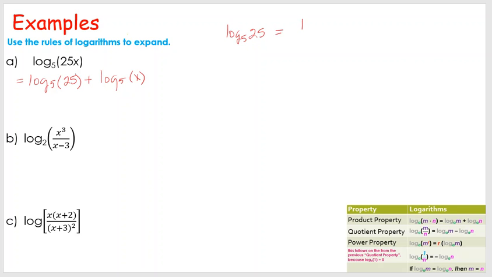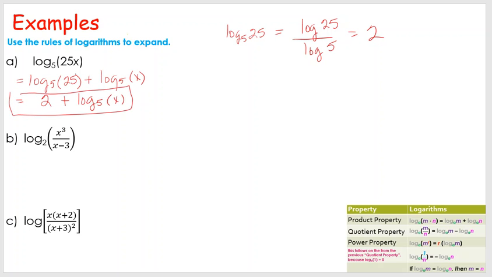So when I use my change of base formula, I put that in my calculator. That's going to equal 2. So I'm going to have 2 plus log base 5 of x. That's my final answer. I can't simplify it anymore because I don't know what x is.